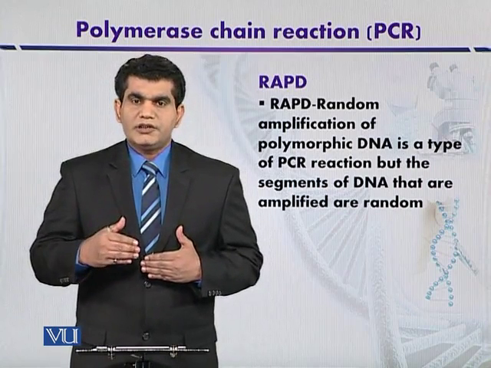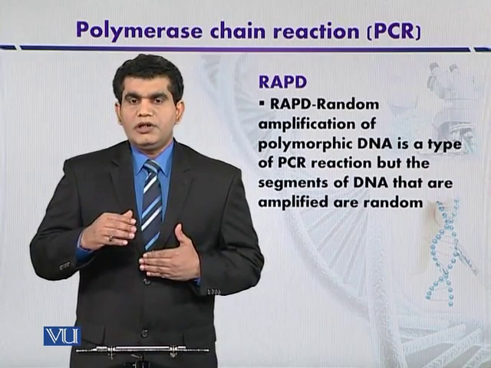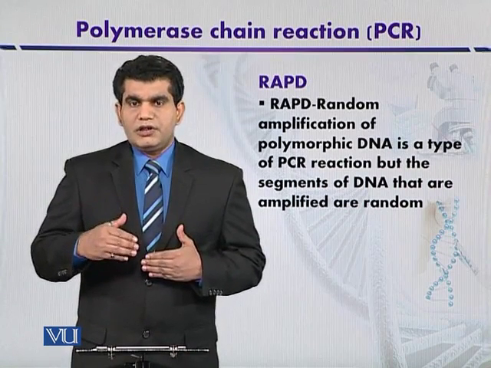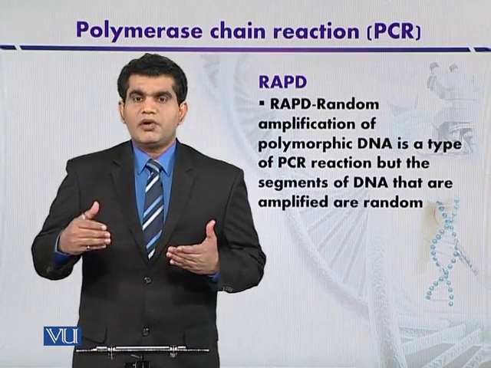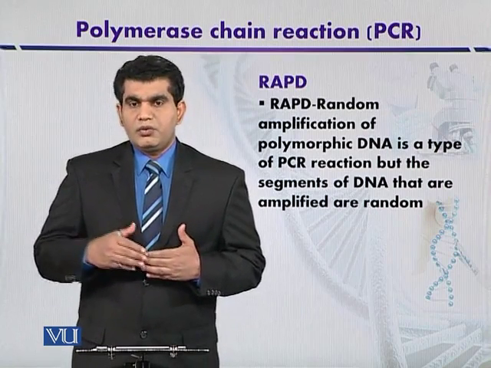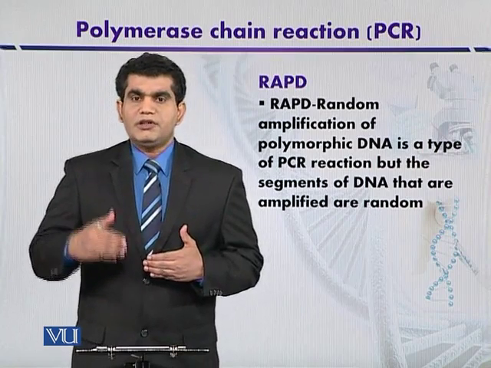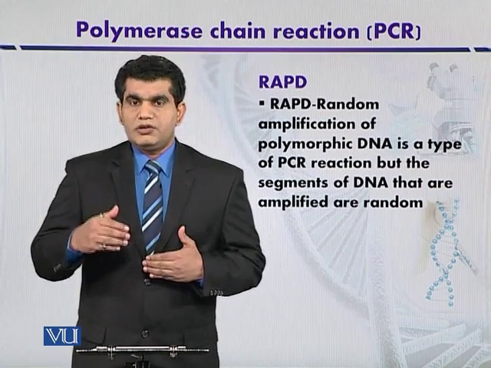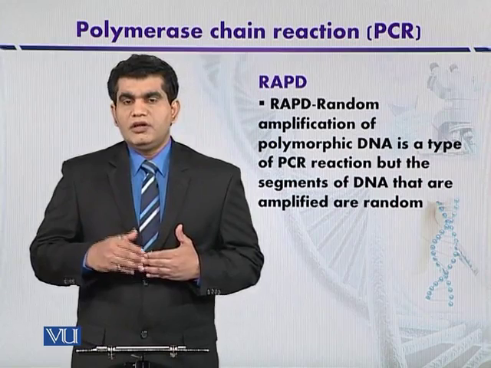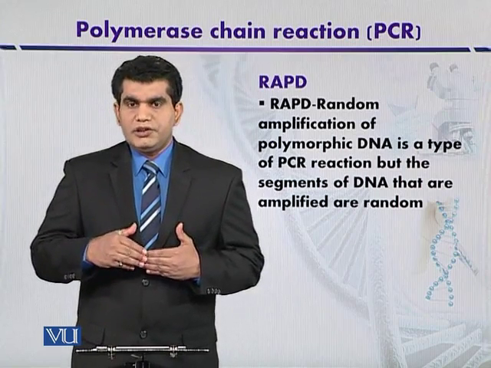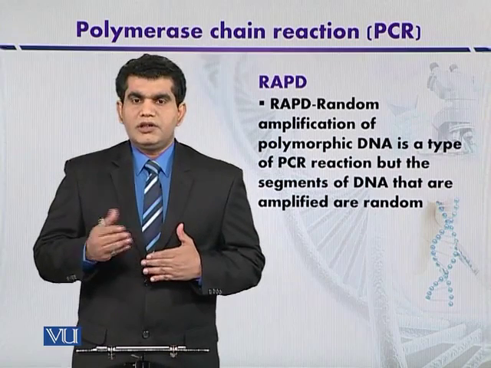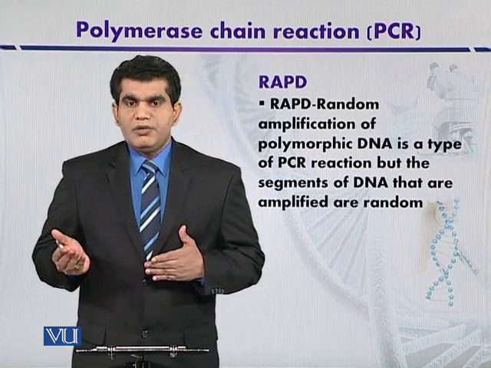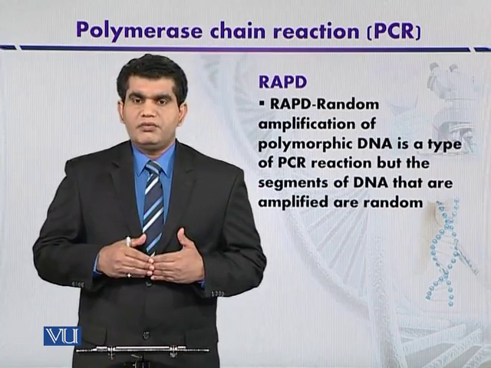So we can use it to understand the evolutionary process, how living organisms developed and were formed. So that's why I told you that this technique, RAPD, can be used to find the phylogenetic or evolutionary relationships among different organisms, whether they are plants or animals or any other living forms.